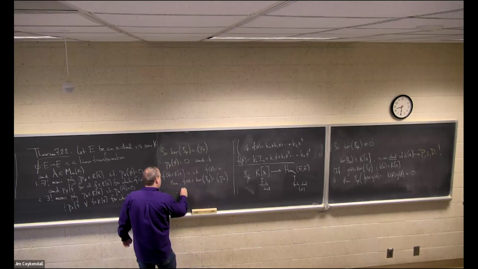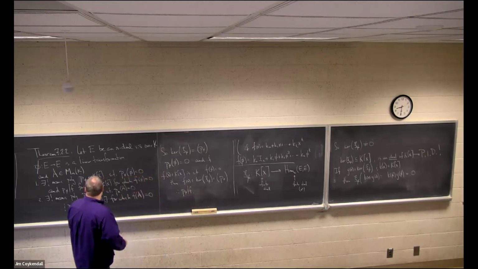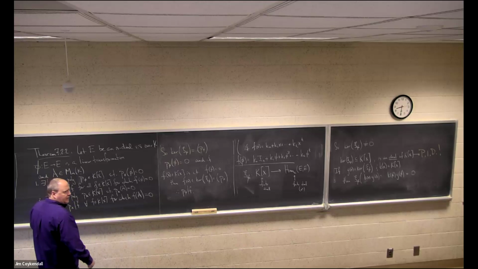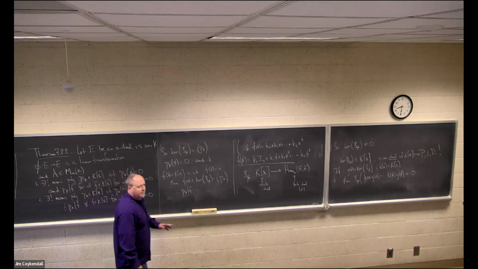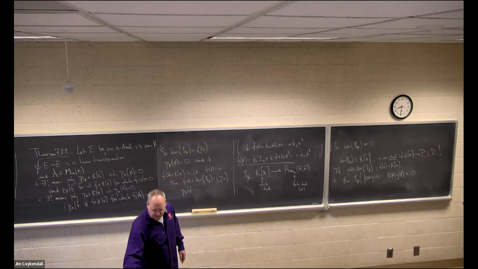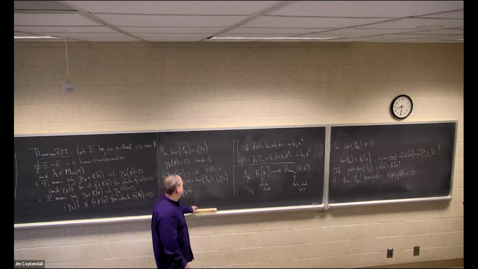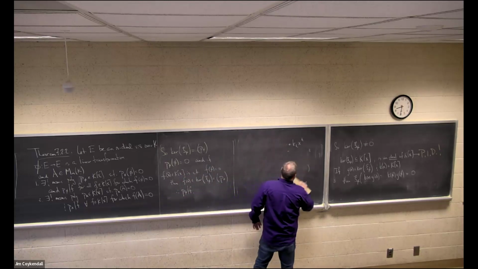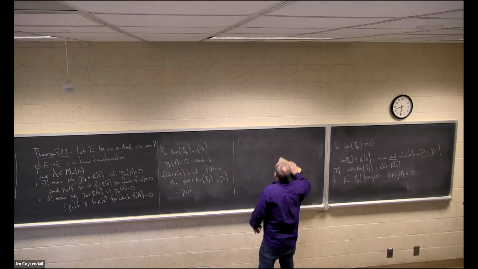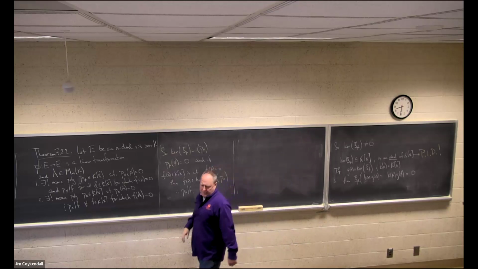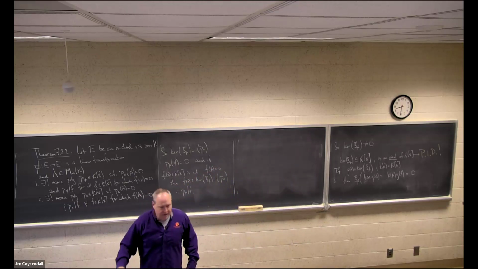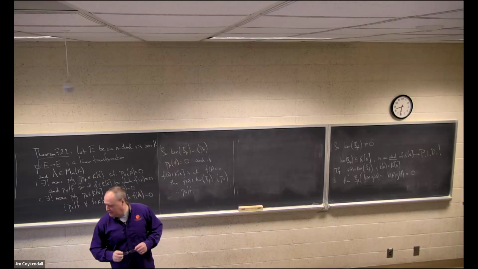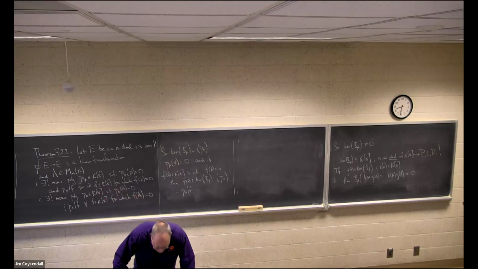Therefore, p of b divides f. The proof for part 2 is almost identical, and I'll leave part 3 for you to see if you can connect up why these two should be the same if A is the prefix for B. Okay. Questions? All right.